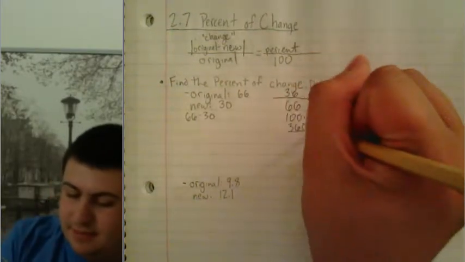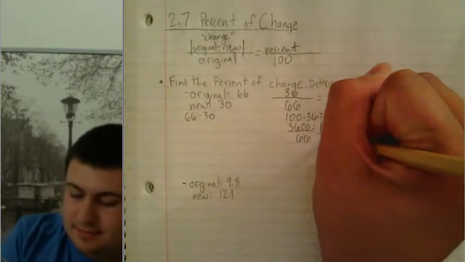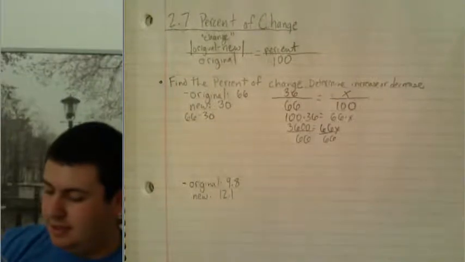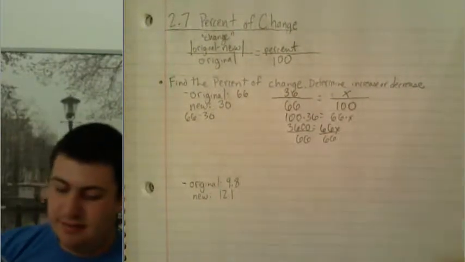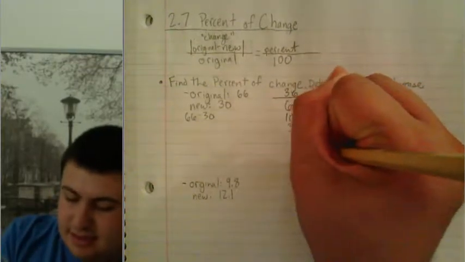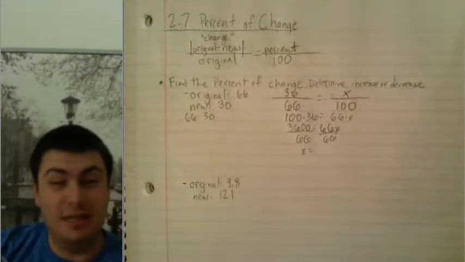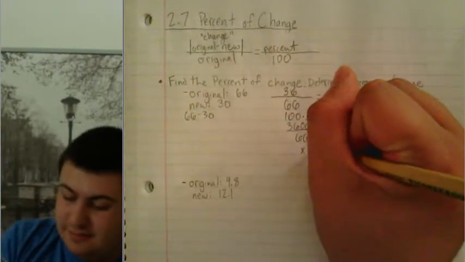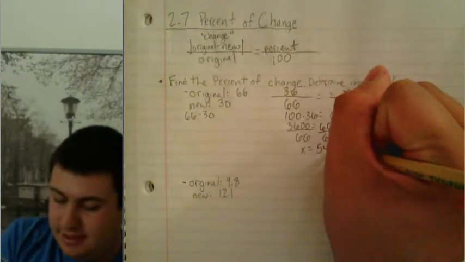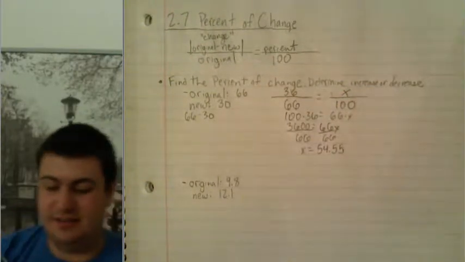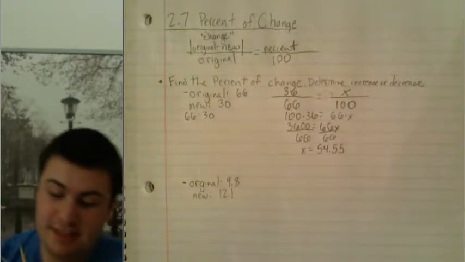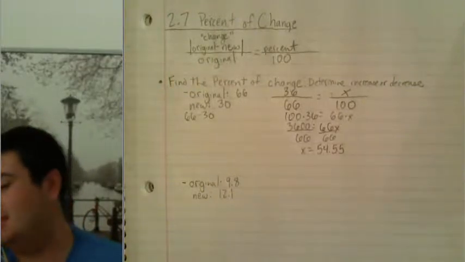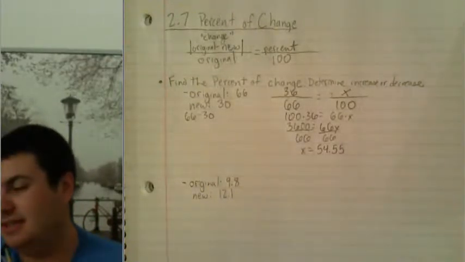Now when we divide both sides by 66, and we do 3,600 divided by 66, we see that x, and we're going to always go to the hundredth place, so 2 decimal places, we're going to see that x equals 54.55.